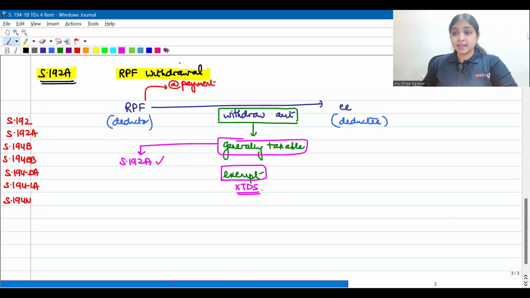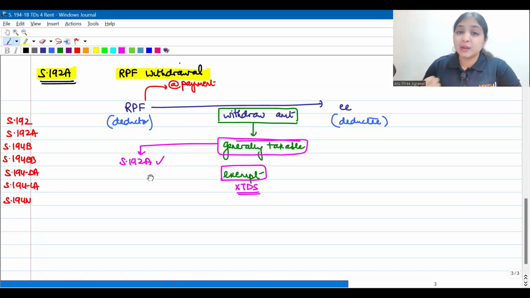Are you all understanding? Is this crystal clear? Yes. So when does section 192A TDS apply? 192A TDS will apply only if the amount withdrawn from RPF is taxable. If the amount withdrawn from RPF is exempt, then TDS will not apply. Only if the amount withdrawn is taxable, only then TDS will apply.